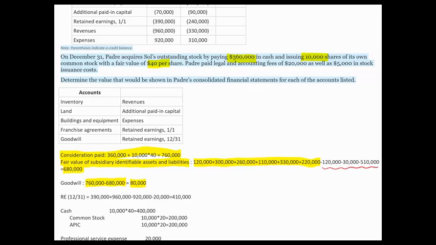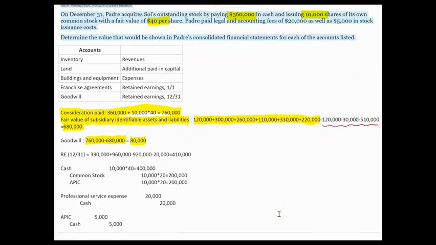And there are a few other things we can calculate as well. First, let's prepare the journal entries related to the issuance of its own common stock. When the company issues stock, the typical journal entry is debit the cash, credit the common stock and additional paid-in capital, assuming they have a par value for their stock. So in this transaction, the total cash they acquired is 10,000 shares times $40 per share.